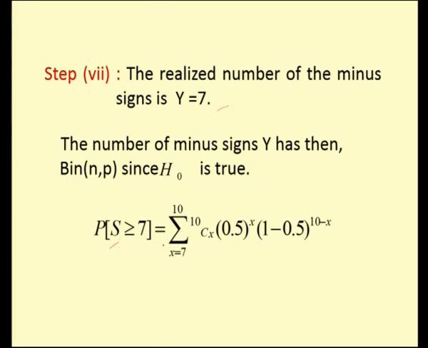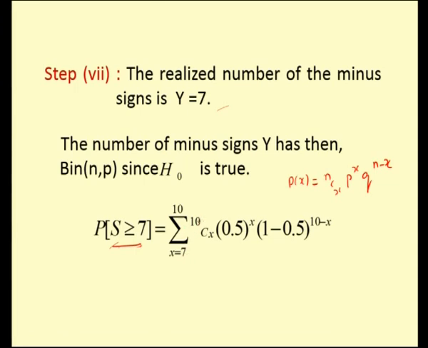Using the binomial distribution, you know that the probability of x is nCx p to the power x q to the power of n minus x. You want to find the probability of S greater than or equal to 7, so x is from 7 to 10.